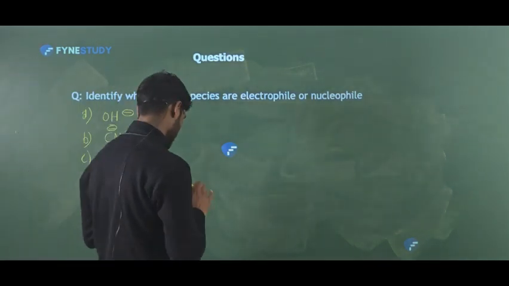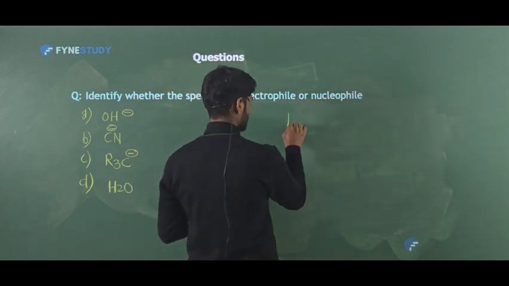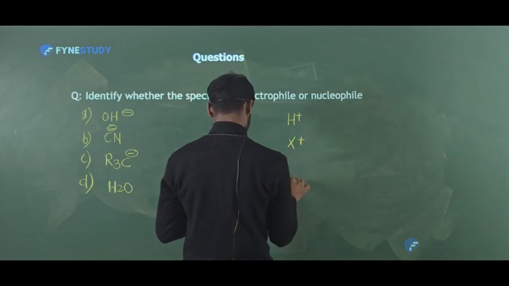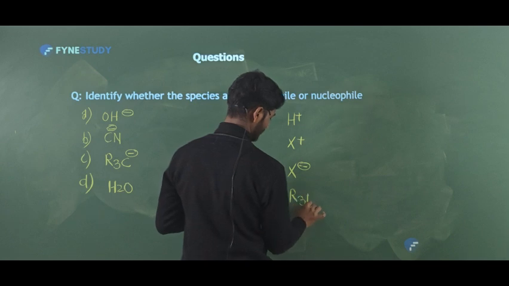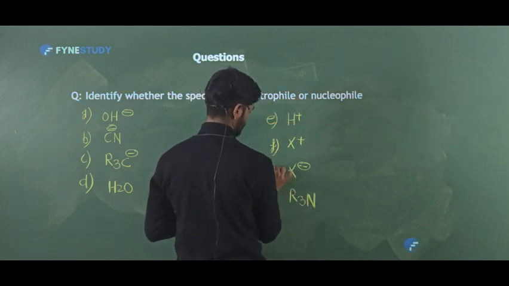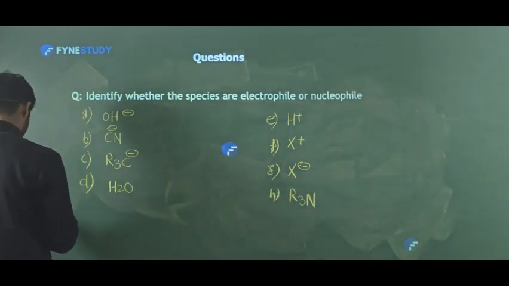And then H plus, X minus, then R3N. Okay, E, F, G and H. Let's solve these.